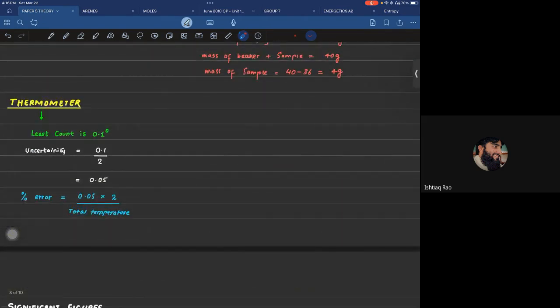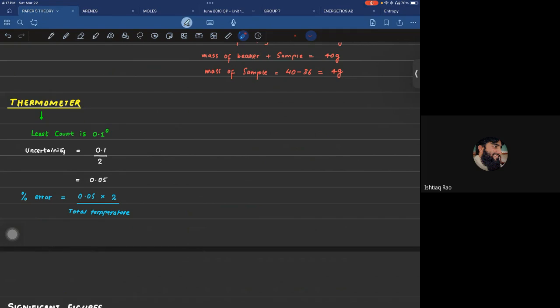Then we have a thermometer. For the thermometer, the least count is 0.1, the minimum temperature that the thermometer can measure. Of course, we have to find the uncertainty of a thermometer, that should be 0.1 by 2, that is 0.05.